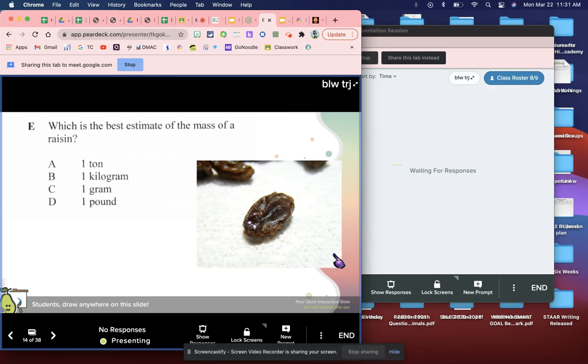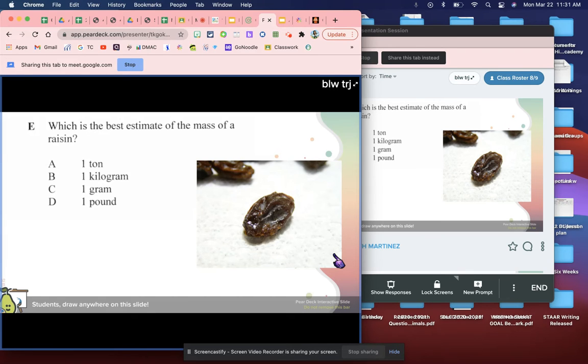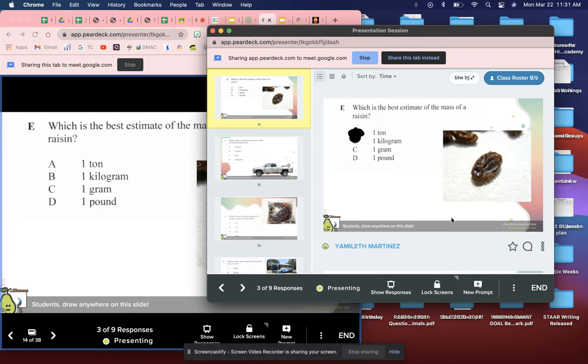The next one. What about the mass of a raisin? 1 raisin. Yamilet, le voy a decir a Mr. Arajo que te vaya a regañar ahorita. ¿Cómo que 1 tonelada? 1 ton for 1 raisin? So big.